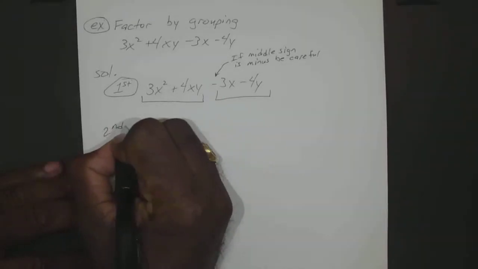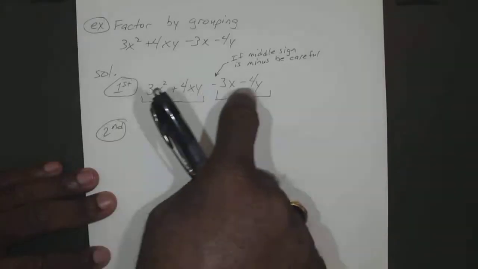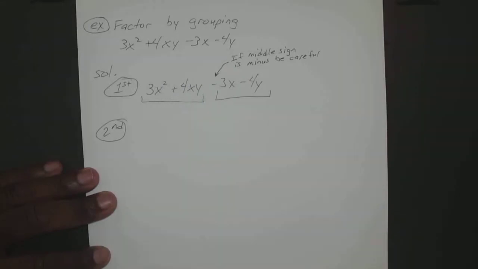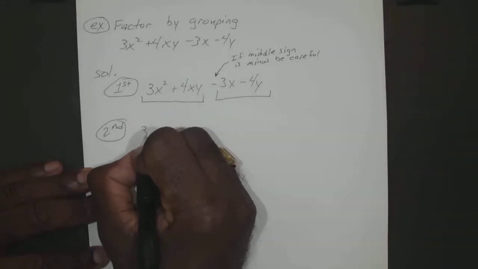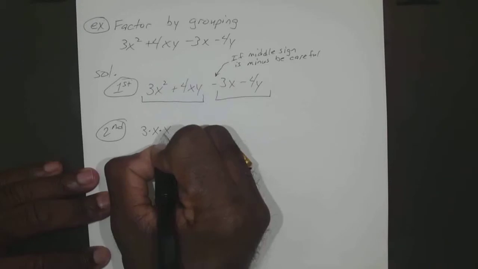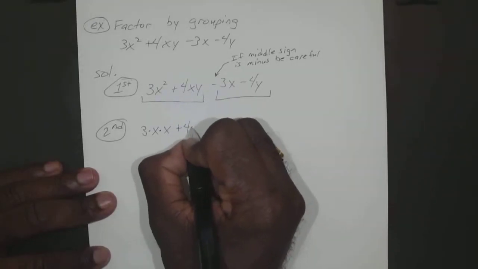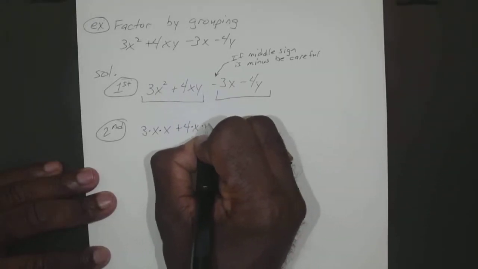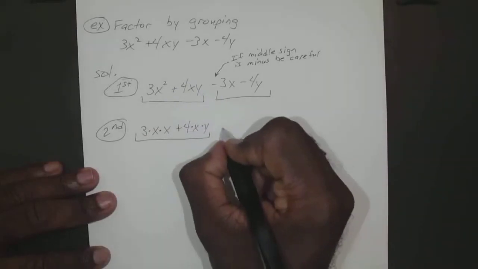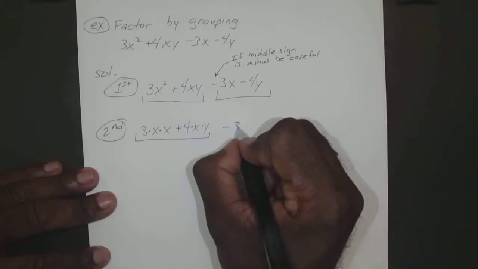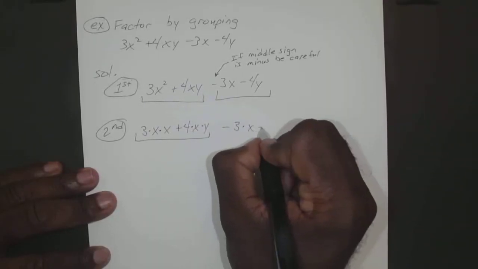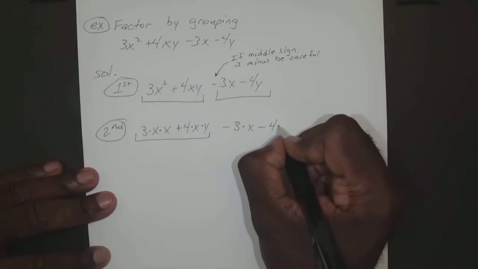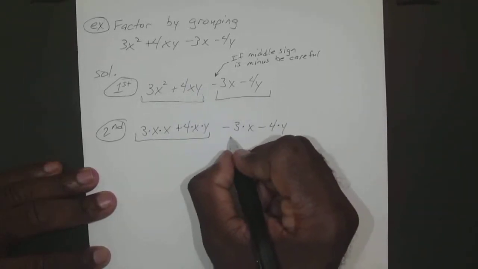Okay. Now remember your second step. You want to find the greatest common factor for both of those. Okay, so you have 3 times x plus 4 times x times y, minus 3 times x minus 4 times y.